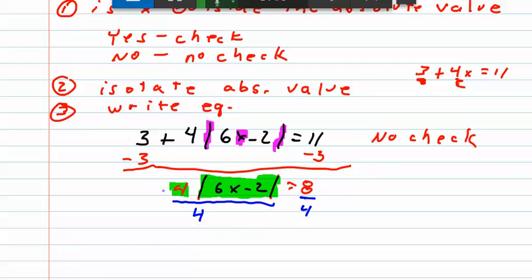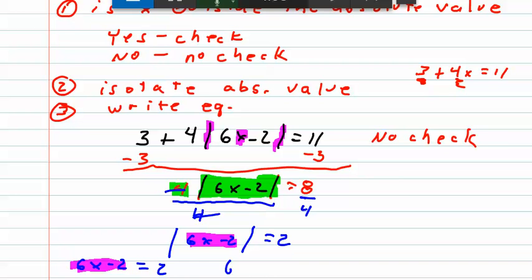These cancel, and we get absolute value of 6x minus 2 equals 2. Now we write our two equations. What I do is I take the stuff inside and I write it outside the absolute values. 6x minus 2 equals 2. 6x minus 2 equals negative 2, the opposite.